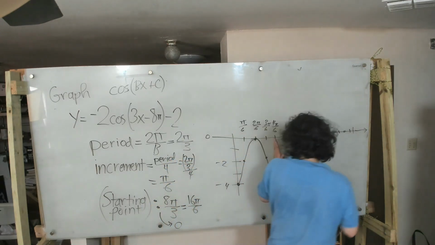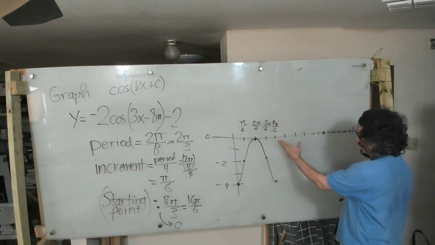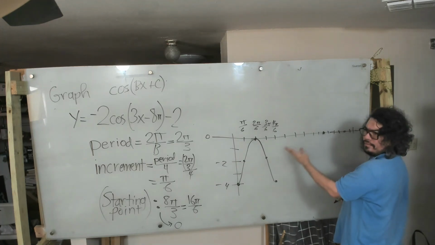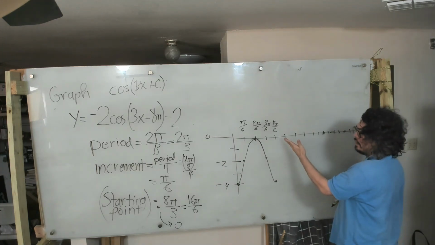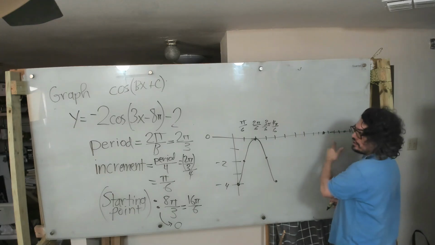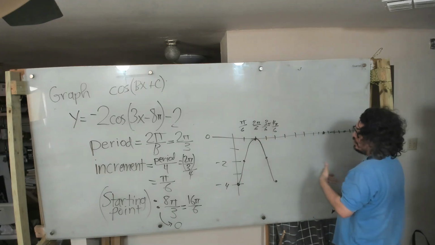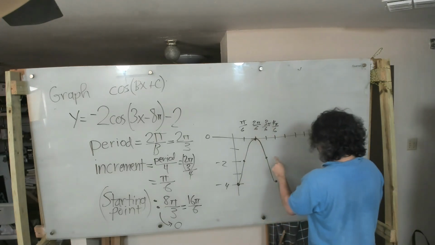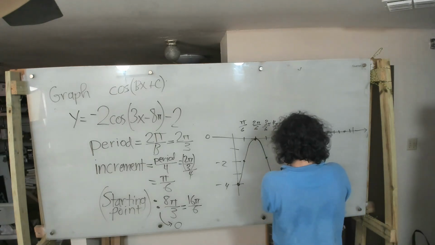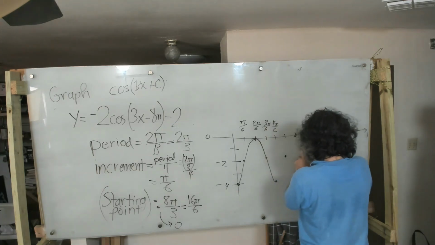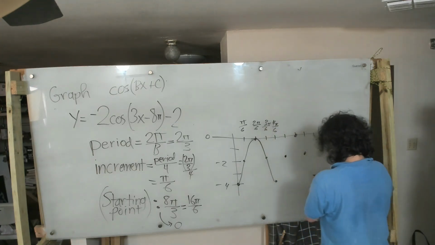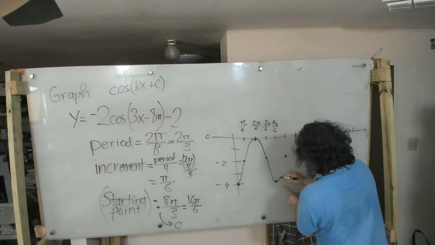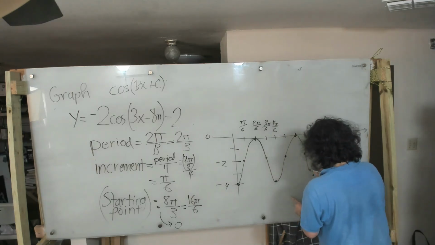In this case, we're looking at these tick marks as being by pi over 6 because I labeled them that way. So now we can just follow that pattern again here. The next one it'll be at the middle. The next one it'll be at the top, in the middle, in the bottom again. So we get a second period of the graph like this.